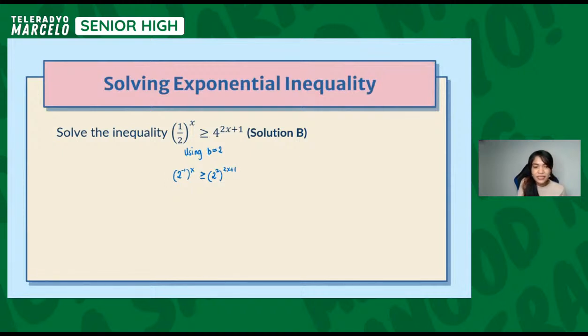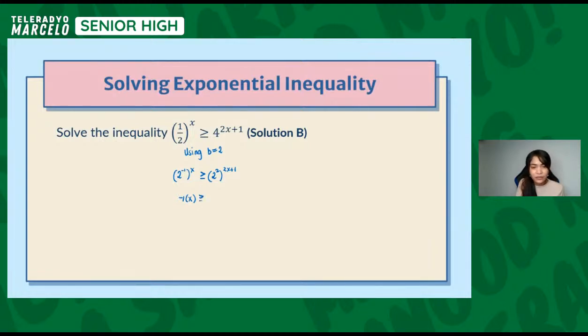So, similar na yung bases natin, we can now rewrite our exponents into inequality. So, we have here negative 1 times x. Ngayon, are we going to change the direction or not? Okay, for this case, we are not going to change the direction of the inequality since our base is greater than 1.